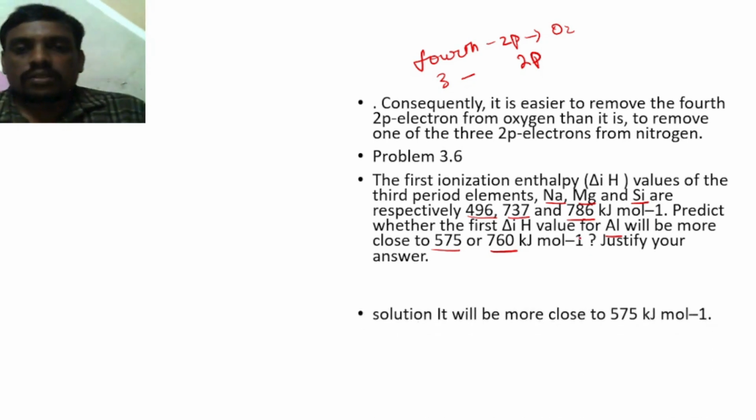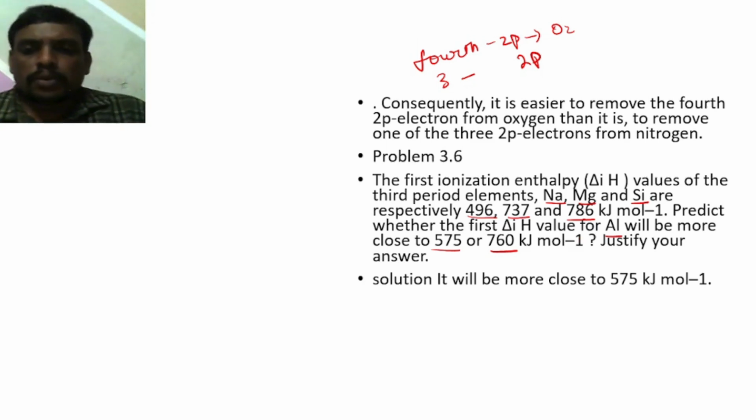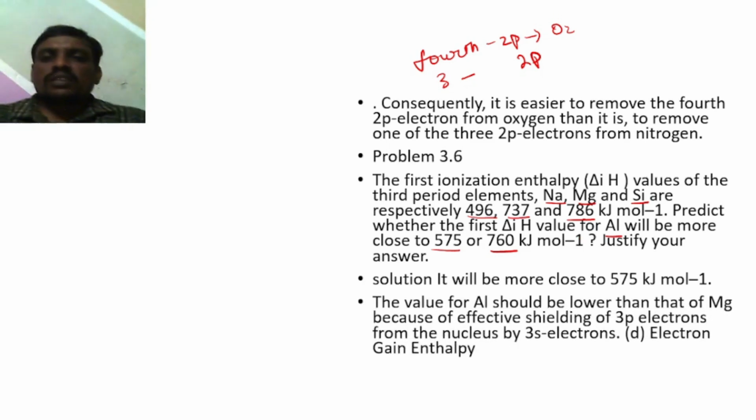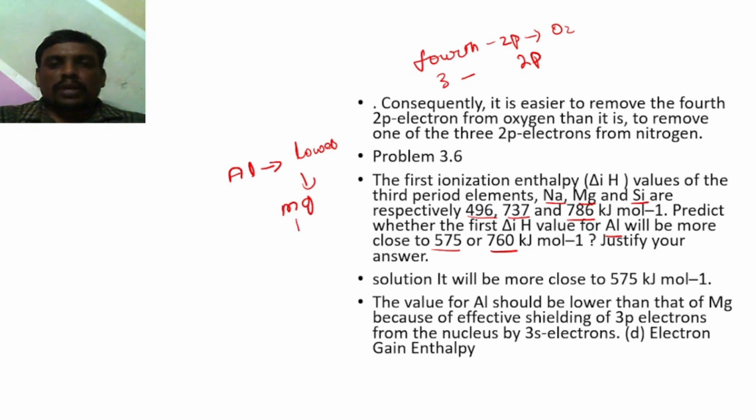Justify your answer. Solution: it will be closer to 575 kilojoules per mole. The value for aluminum should be lower than that of magnesium because of effective shielding of 3p electrons from the nucleus by 3s electrons.